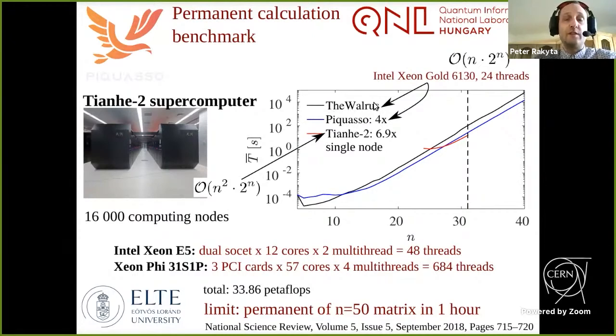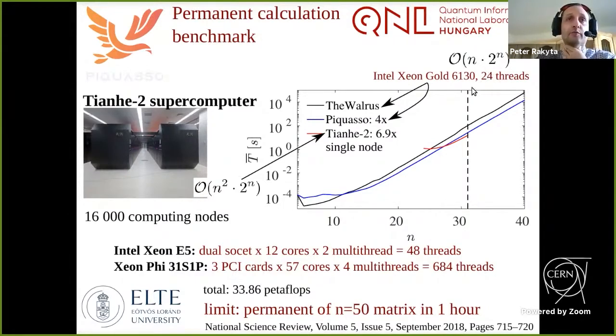The thewalrus package is a component of Strawberry Fields, and we did this benchmark on a very traditional CPU, which is accessible in every supercomputing cluster. It's a very traditional hardware.